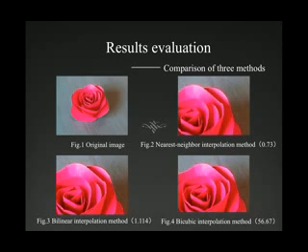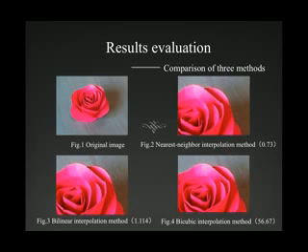The numbers in the parentheses are the processing time of these three methods. Nearest interpolation method costs the least time. It is only 0.73 seconds. The processing time of bicubic is very long.